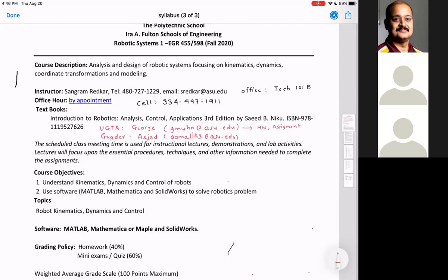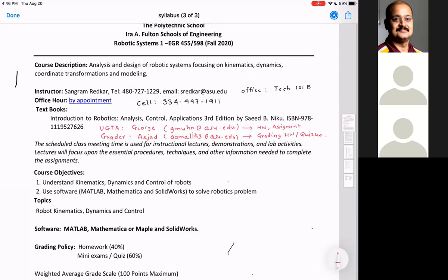Now, Asjad is going to be grading your homework and quizzes. So the way it's gonna work is I will make the exams and quizzes and homework. I will also create the solution manual.